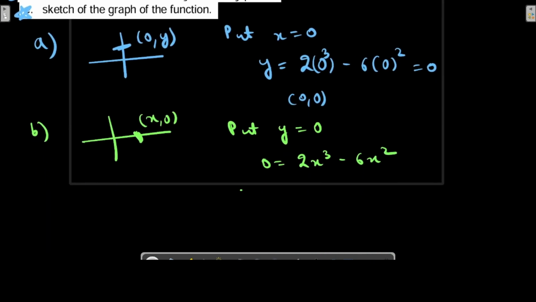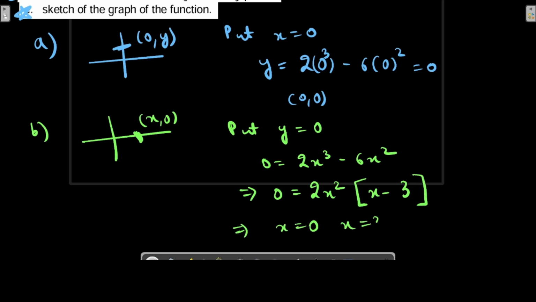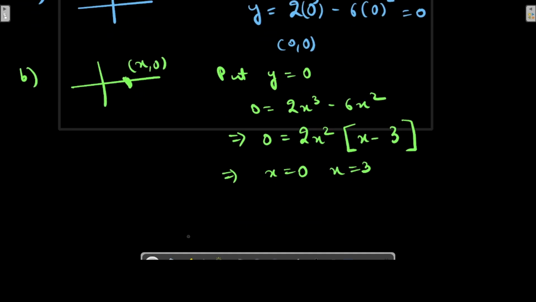Right? So this gives us 0 is equal to 2x square times x minus 3. So this gives you either x is equal to 0 or x is equal to 3. The coordinate is 0 comma 0 or 3 comma 0.